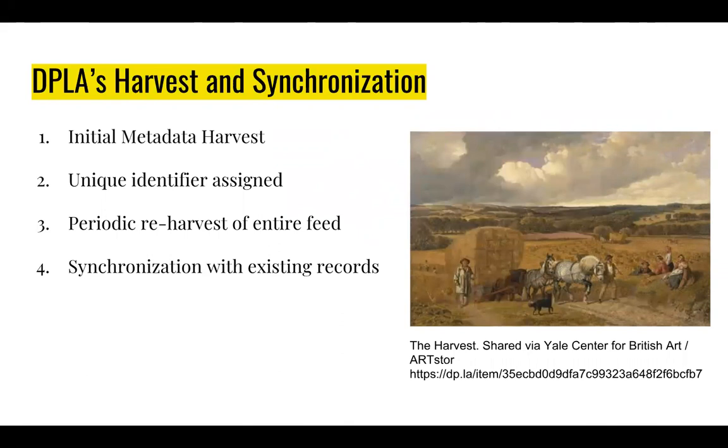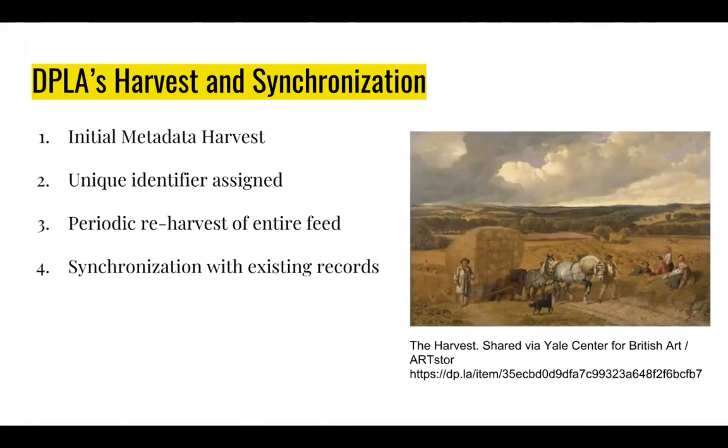That identifier needs to be persistent over time because we periodically reharvest your entire collection of metadata so that we can then synchronize what we have with what you have. So if an identifier changes in the interim, we won't be able to match those records and we'll end up with a duplicate, the old one and the new one, or we'll remove the old one and have the new one at the new identifier.